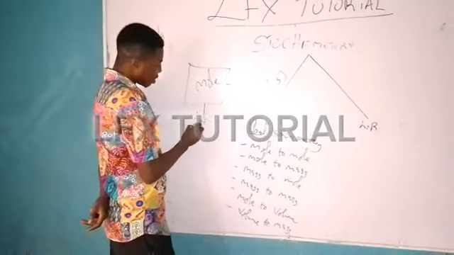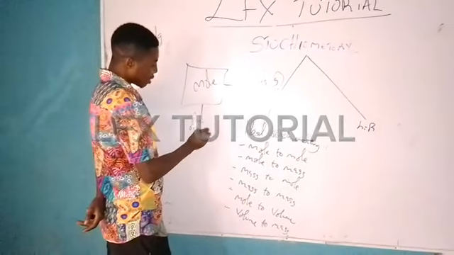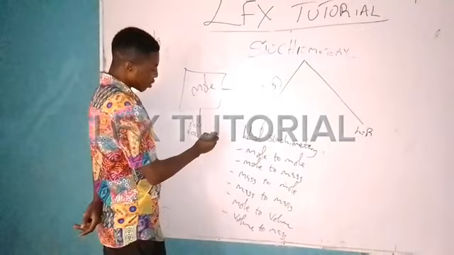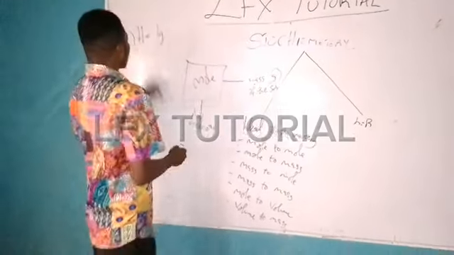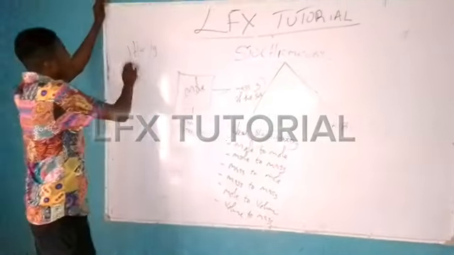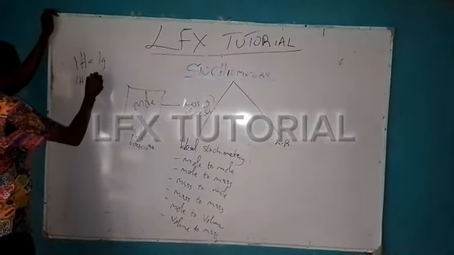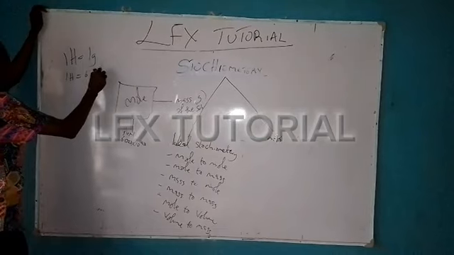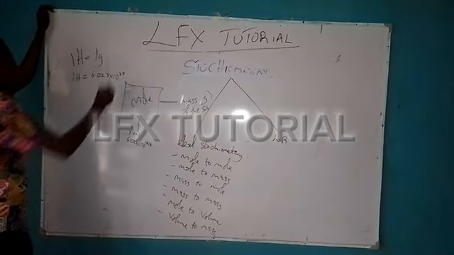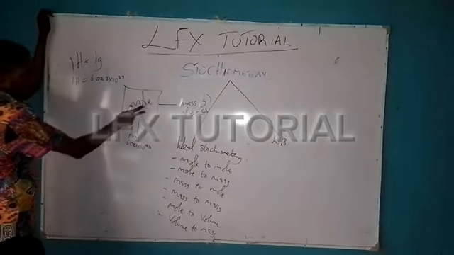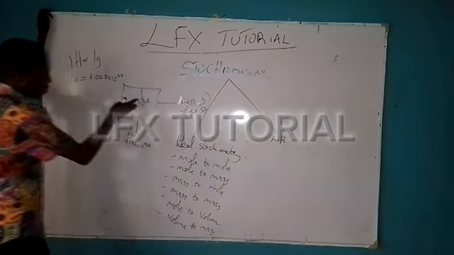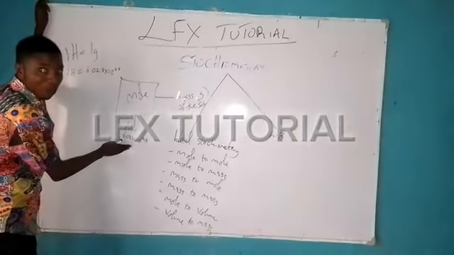The Avogadro's number is 6.023 times 10 to the power 23 particles. So 1 mole of hydrogen contains 6.023 times 10 to the power 23 particles. You see it now: 1 mole is equal to the mass, and 1 mole is equal to Avogadro's number.